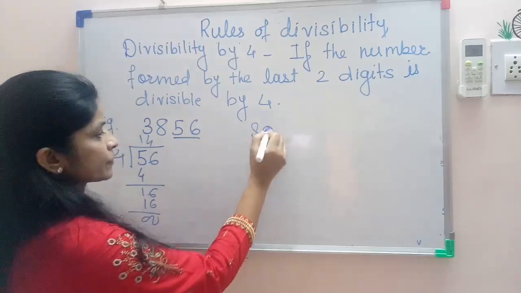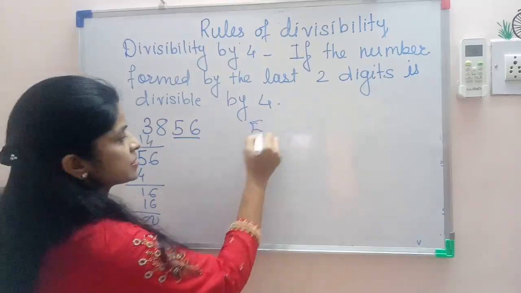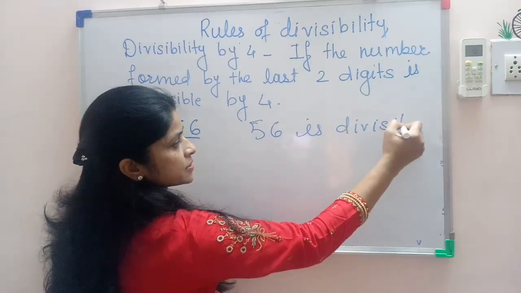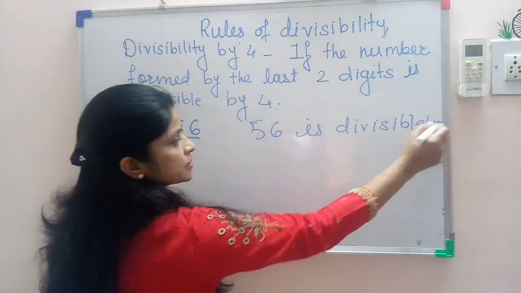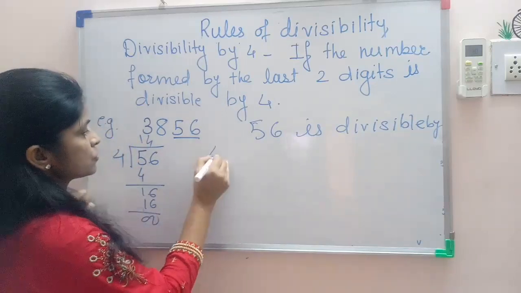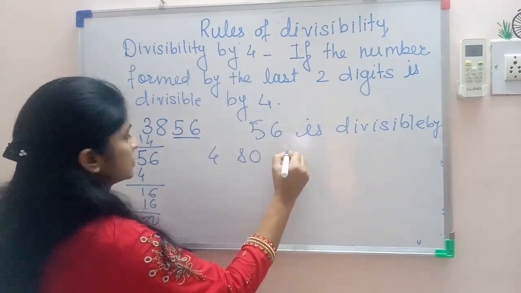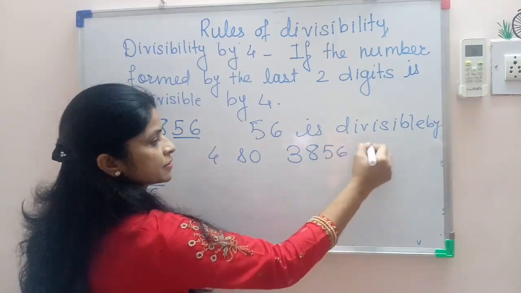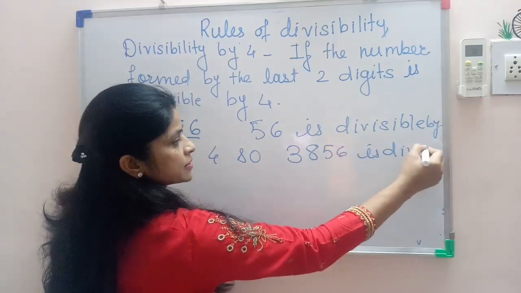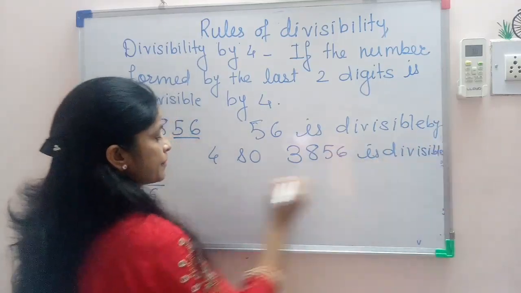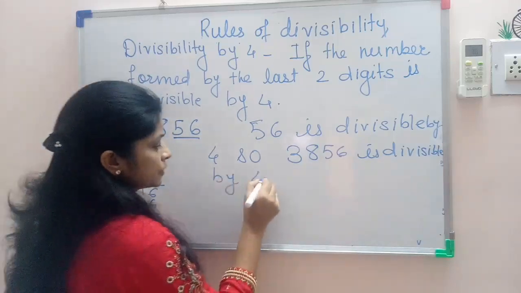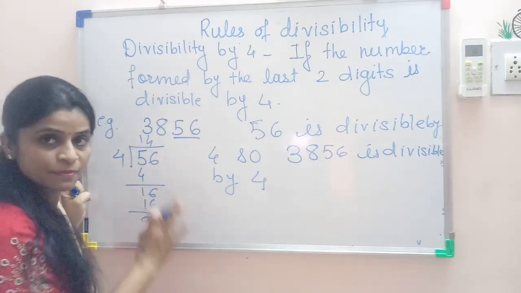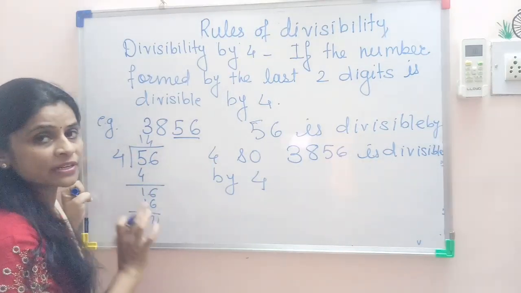So 3856 is divisible by 4. If the last two digits of any number are divisible by 4, that means the whole given number is divisible by 4.